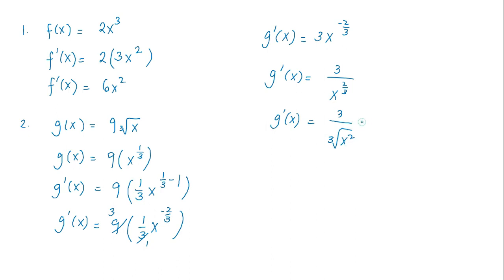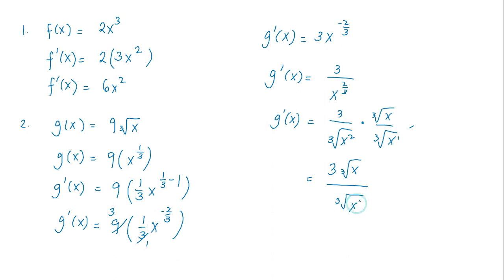So, magmumultiply tayo ng cube root of x, both sa numerator and sa denominator. Okay? So, we have 3 cube root of x over cube root of, multiply natin yung x squared and then x raised to 1.